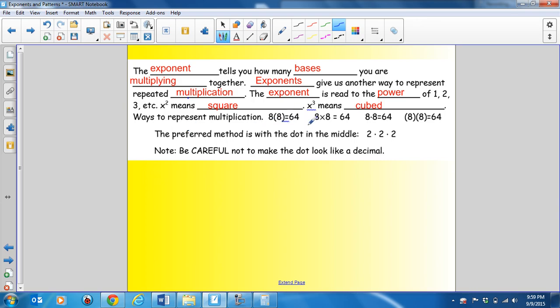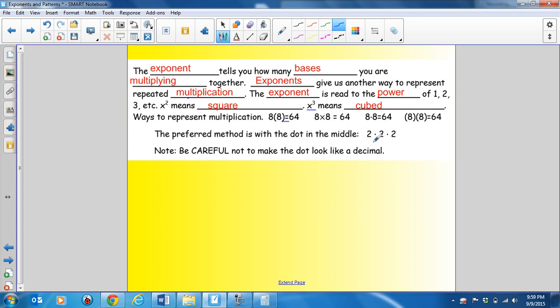One thing I want to review before we move forward is that this year you will see multiplication written several different ways. The first way is with the parentheses here. That just means 8 times 8. This is the method you're most familiar with, the x in the middle, 8 times 8. The most common way you'll see it this year is written with the dot. Dot means multiply. And then here it is with 2 parentheses. You may also see it that way.